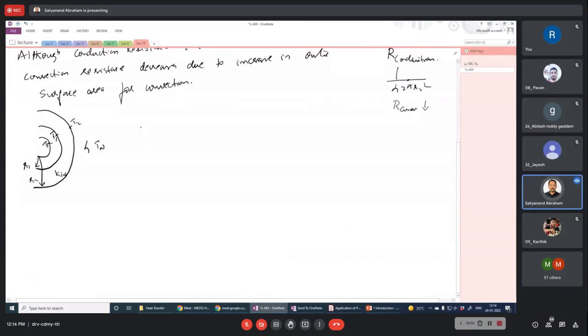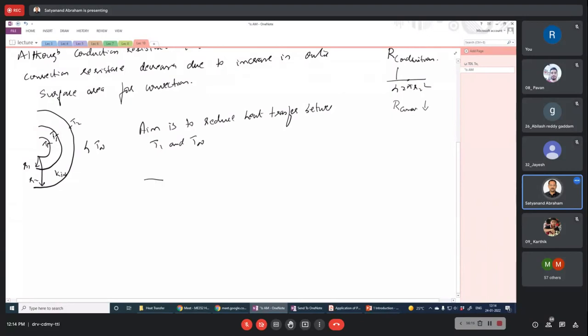So our aim is to reduce heat transfer between T1 and T infinity.